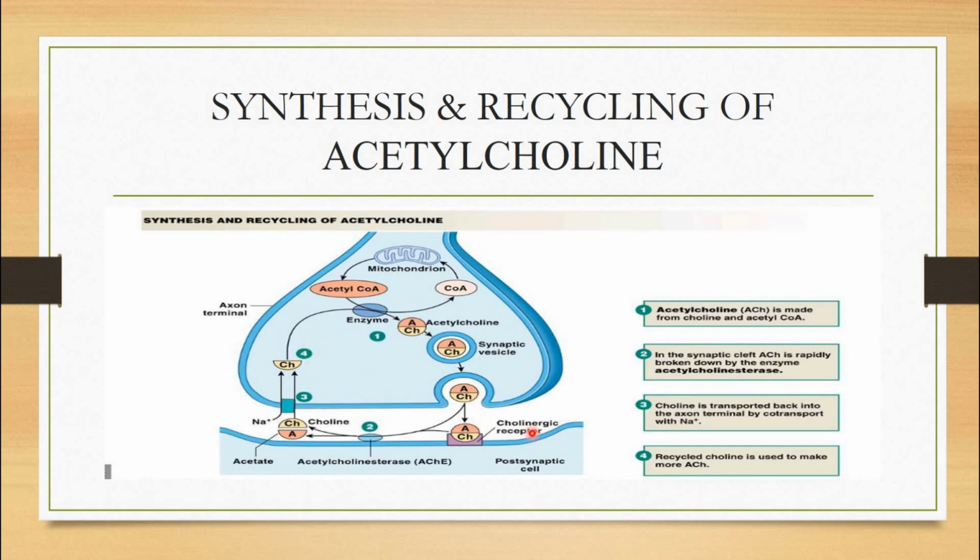And the last point, the recycling: recycled choline is used to make more acetylcholine. So this way we complete the synthesis, storage, release and recycling process of acetylcholine, the excitatory neurotransmitter.